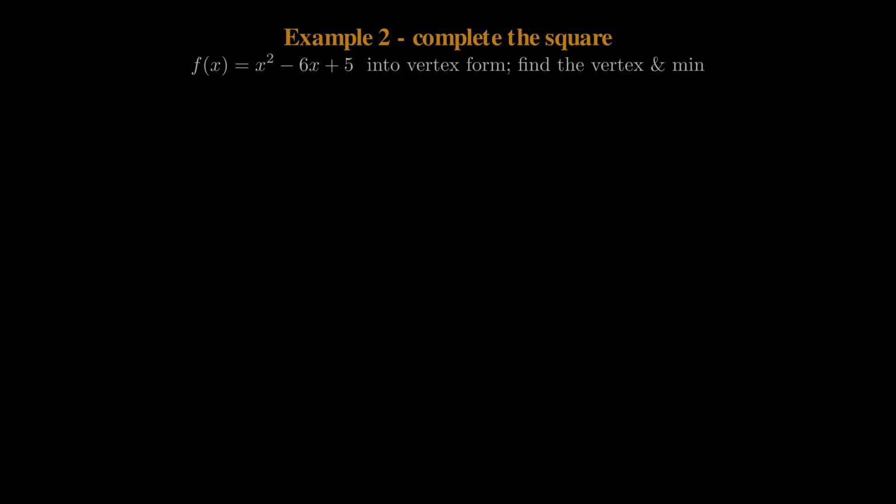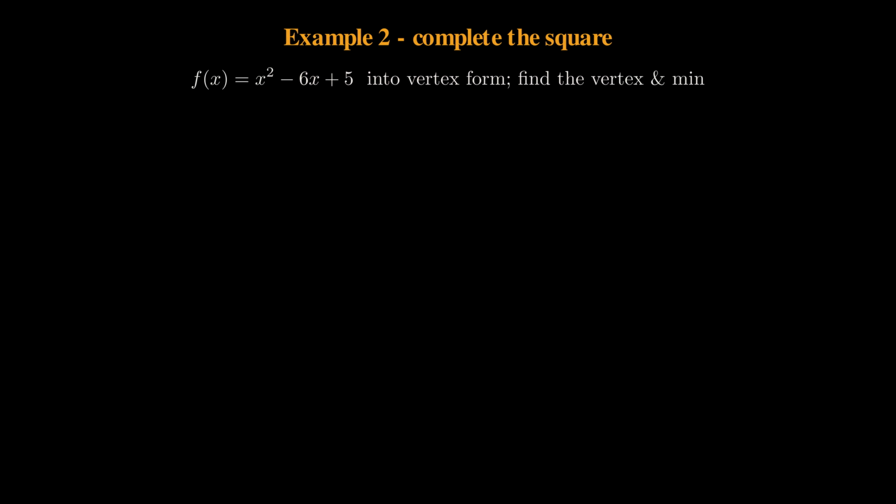Example 2 takes that same quadratic and completes the square to get the vertex exactly. f of x equals x squared minus 6x plus 5. Focus on the x squared and x terms first, and apply the rule. Halve the middle number.